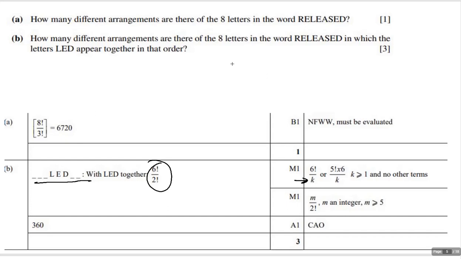But if you divide by anything, even if it's crazy, you'll get a method point. And then the other method point is, well, you know what? M is an integer greater than 5. Yeah, I'm not sure what that means. Anyway, third point is get the actual right answer.